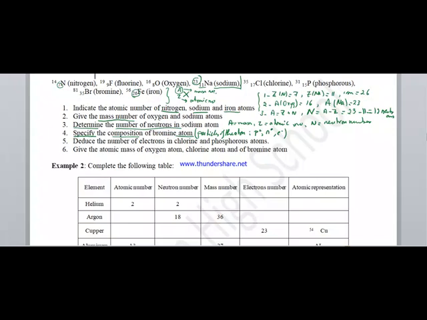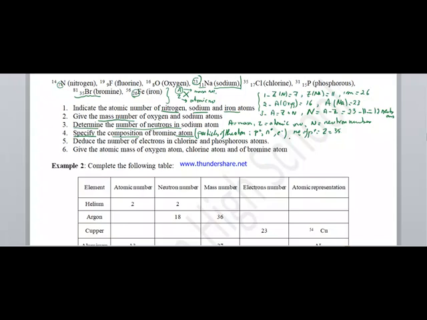We must find the value of each particle: how many protons, how many neutrons, and how many electrons there are. For the bromine atom, according to its atomic representation, the number of protons is equal to Z, which is 35.